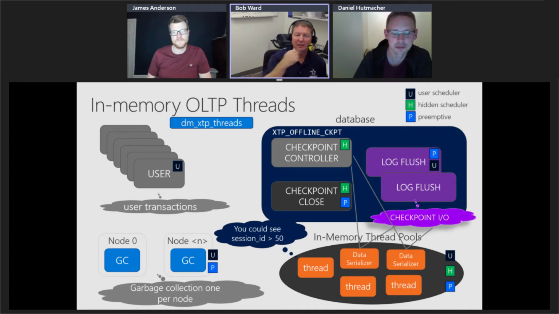So when I said that there's an engine within an engine, what I meant is that, yes, there's optimized access to these transactions through these DLLs, but in those DLLs are these background threads that do work behind the scenes to support things like this checkpointing operation. Now, what's important for you to know is if anybody gets on and they're really smart about debugging SQL and they go look at a log flush thread for XTP and they say, hey, I caught you, Bob, there's a latch this thing is using.